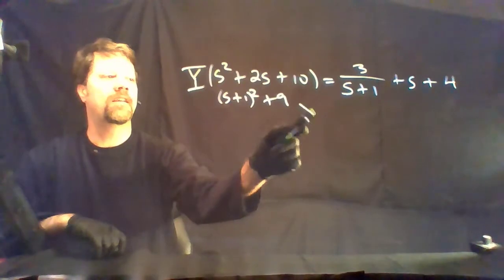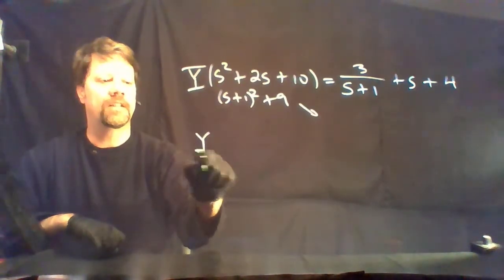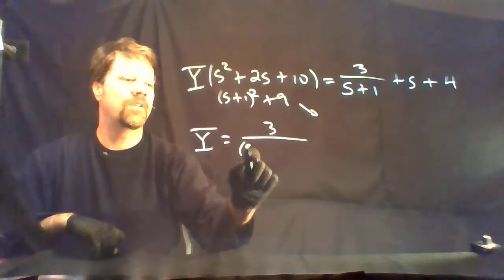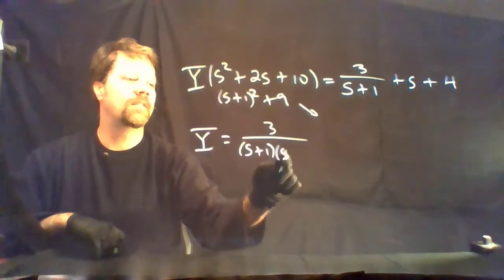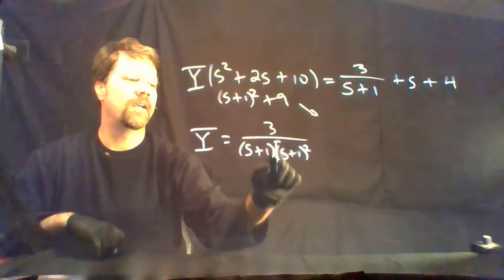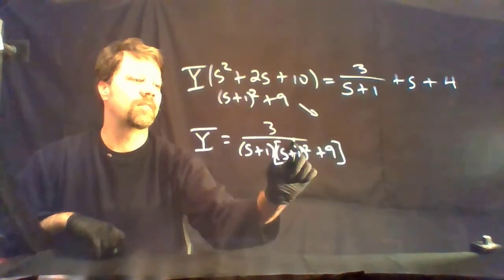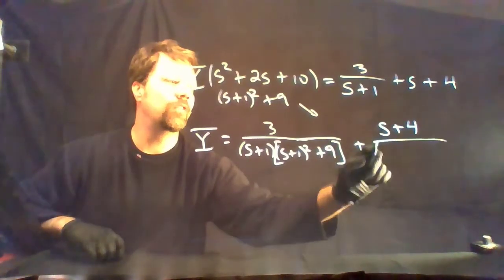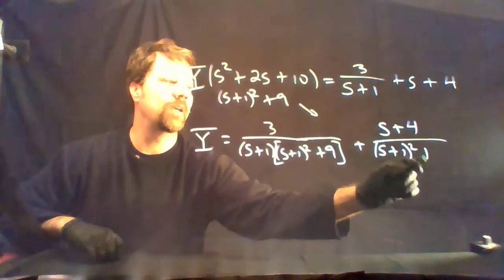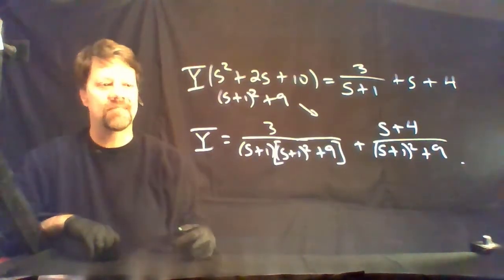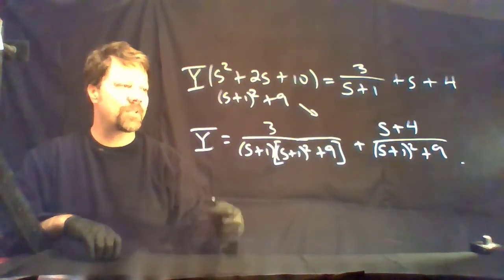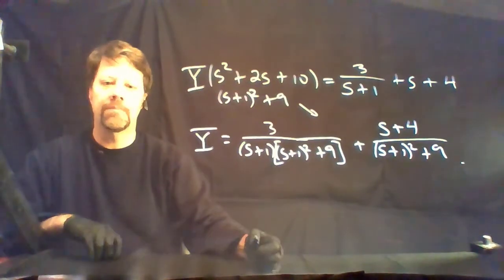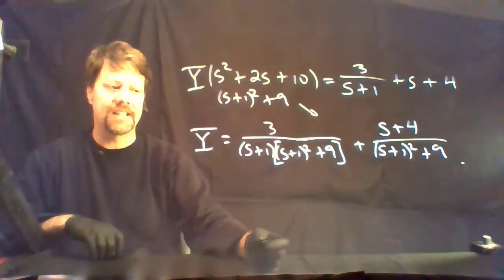We'll divide this off, yielding Y is 3 over s plus 1 times s squared plus 2s plus 10, plus s plus 4 over the quantity s plus 1 squared plus 9. To proceed, on this first term, we need to perform a partial fraction decomposition.